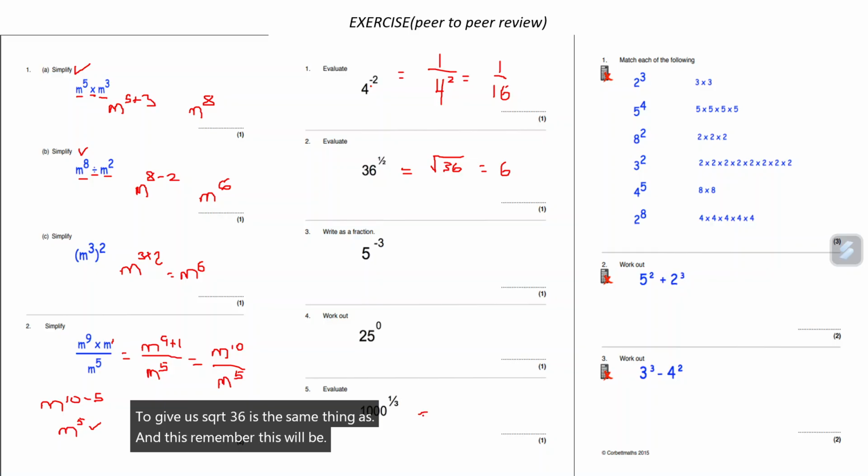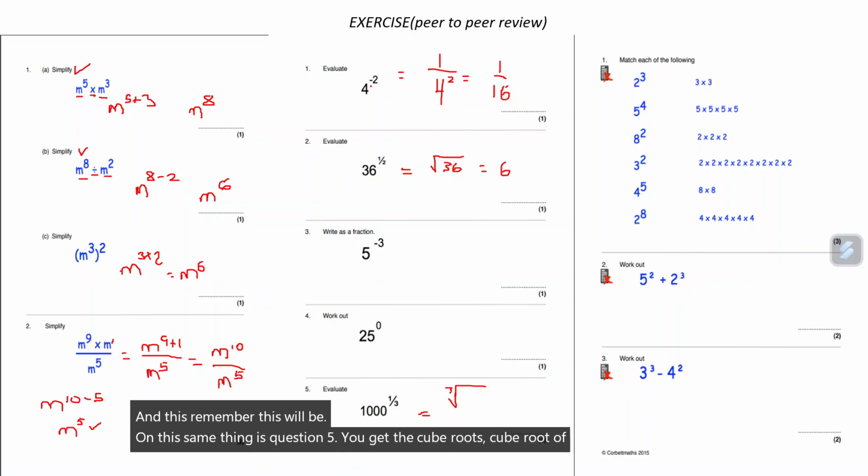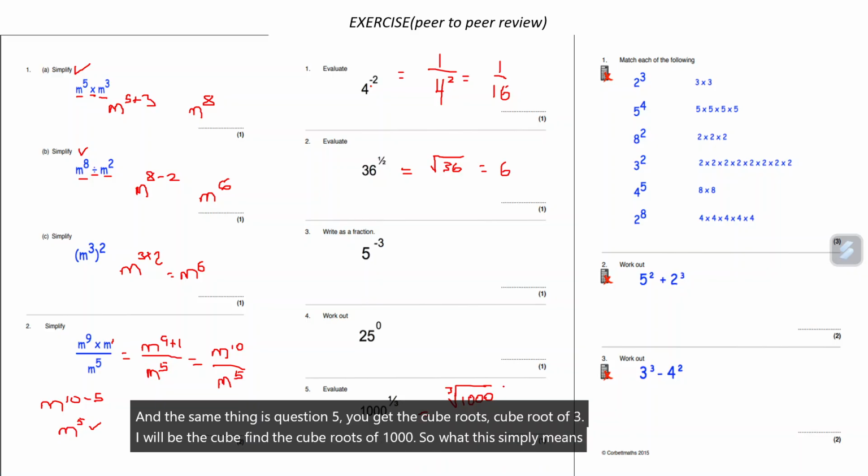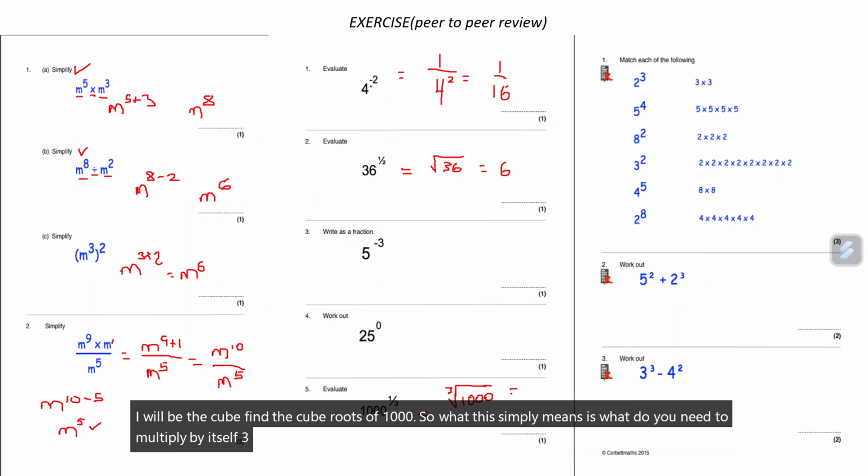And this same thing is question 5. You get the cube roots. Find the cube root of 1000. So what this simply means is, what do you need to multiply by itself 3 times to give you 1000? So your answer becomes 10.